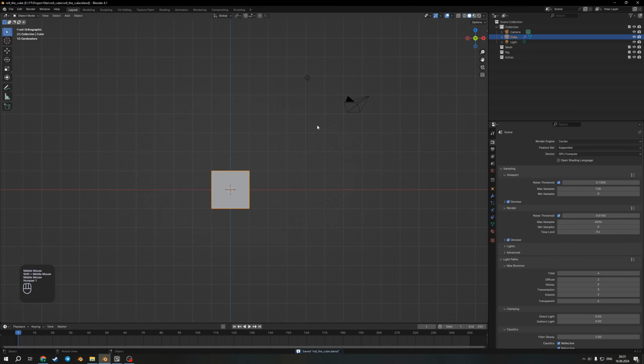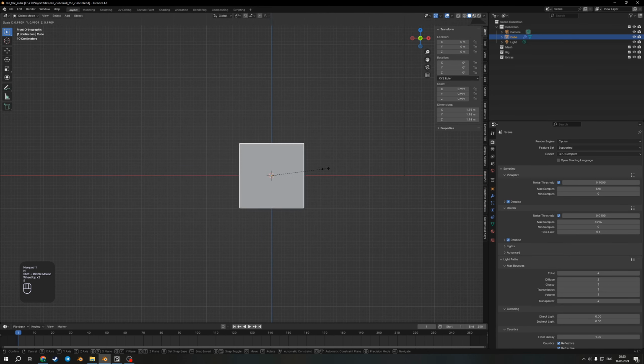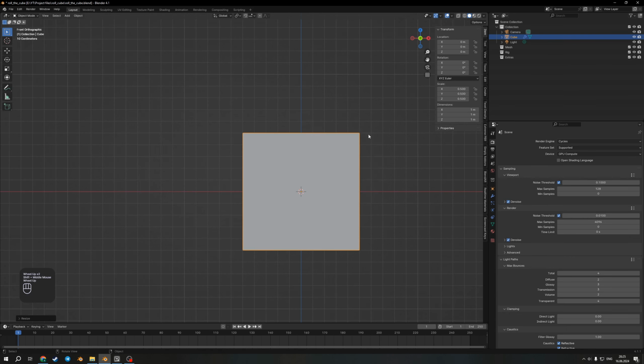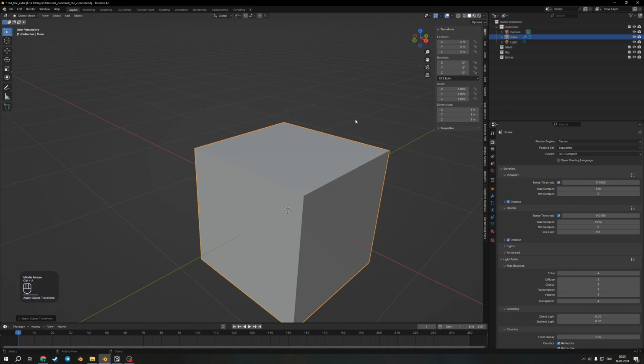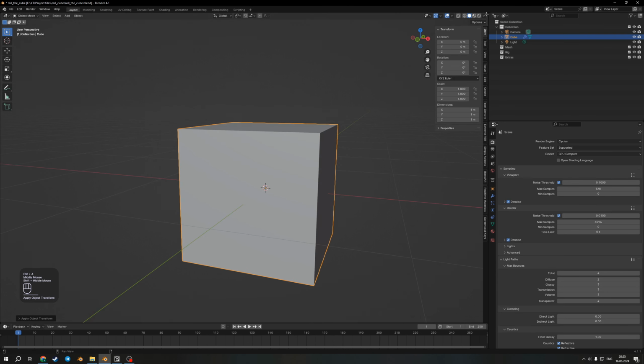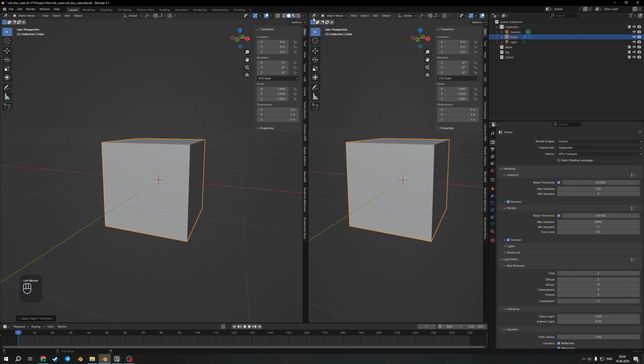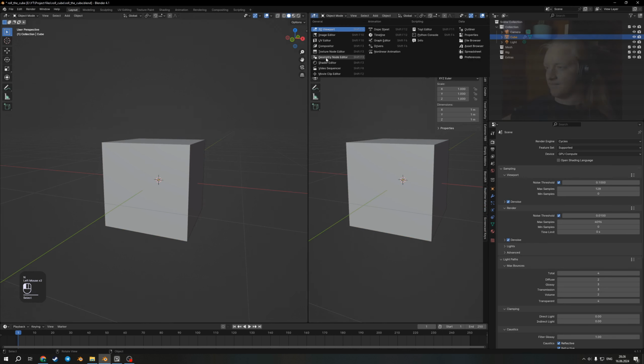First of all, let's scale our cube down twice, so that it's 1 meter by 1 meter by 1 meter, and apply scale. It makes math a lot easier, because if it was 2 by 2 by 2 meters, sometimes we would have to multiply, and sometimes we would have to divide by 2. To avoid it, let's just make everything 1 and save us a lot of trouble.